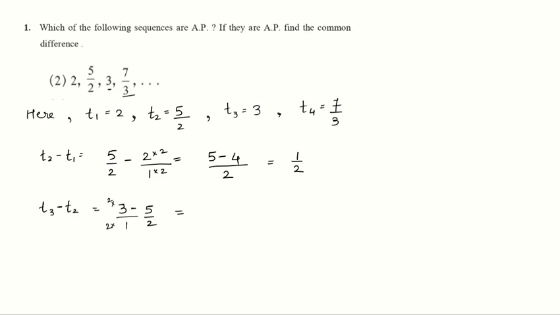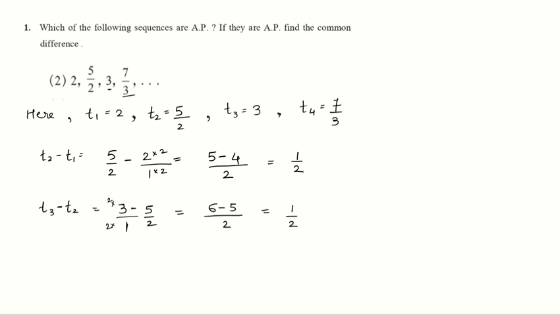So if we multiply this 1 by 2, we also need to multiply the numerator by 2. So 3 into 2 is 6 minus 5 upon 2, since 2 ones are 2. So 2 is common. Here we will get 1 upon 2.